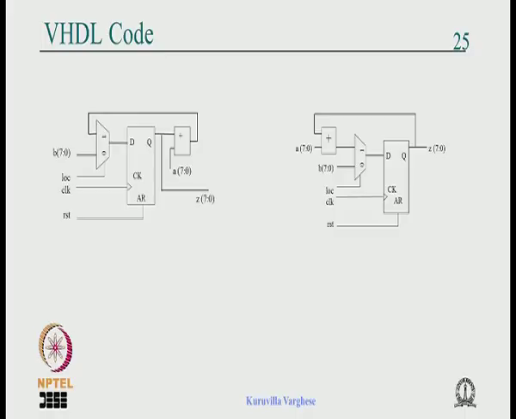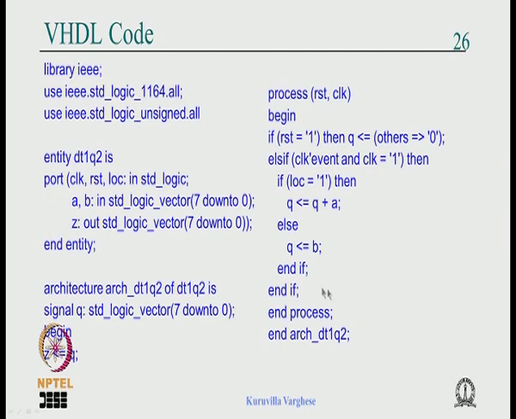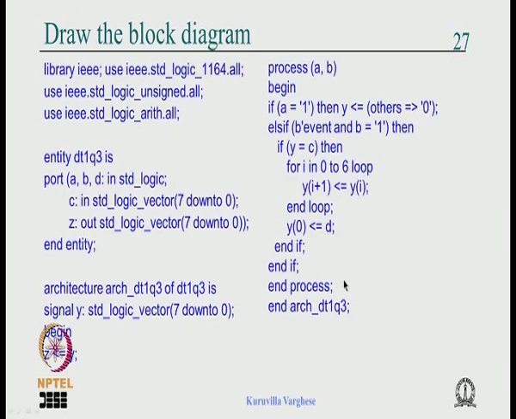Just look at the picture and write a few lines of code. You see a register, a 2 to 1 mux and a plus, and it can be coded in just 3, 4, 5 lines, because very few lines are required to code the hardware.